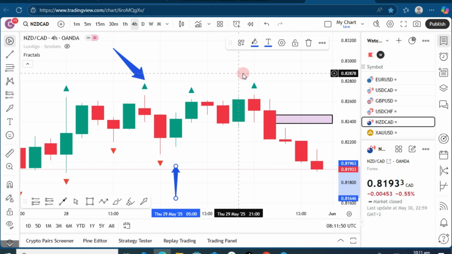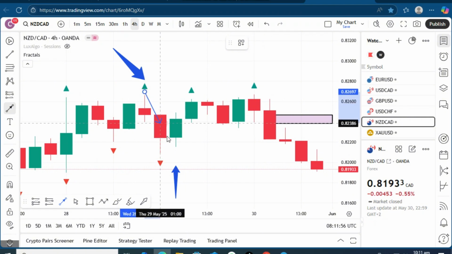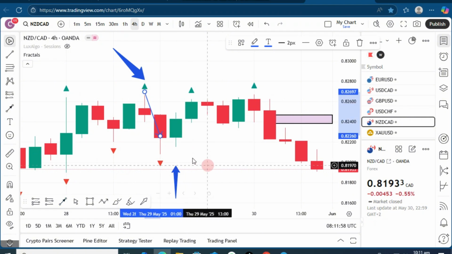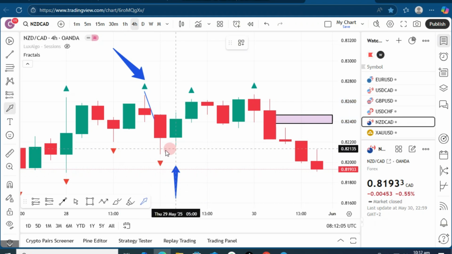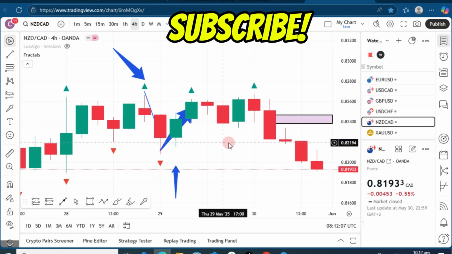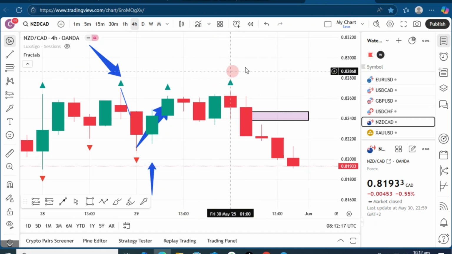Once you see the fractal up here, you are going to have a drop in price, as you can see it was doing over there. But if you see the fractal at the bottom over here, it means that price is going to be bullish. That is what the fractal is all about. I always have to look for the last fractal. This is the last fractal over here, and this is the 4-hour time frame.